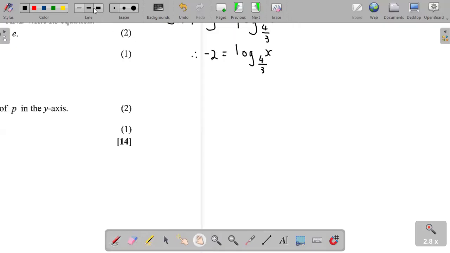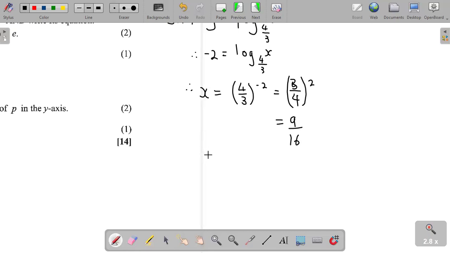So then it means we can find x, isn't it? Taking this, that side is going to be x equals (4/3) to the power -2, which equals (3/4) if we use the laws of exponents, and then to the power 2, which is going to be 9/16.